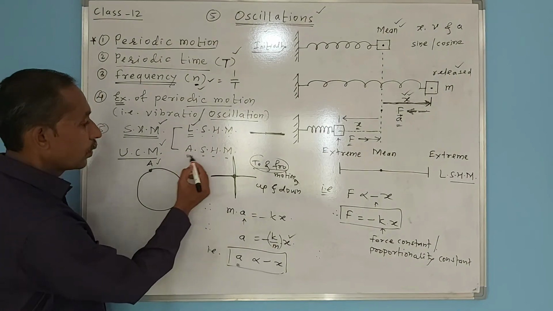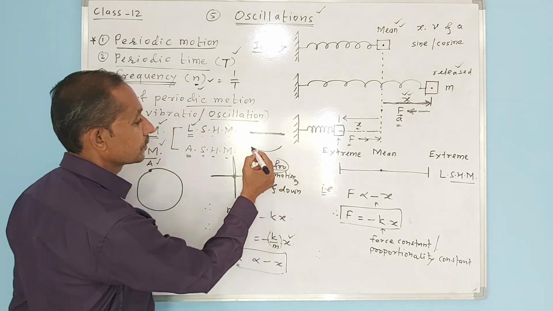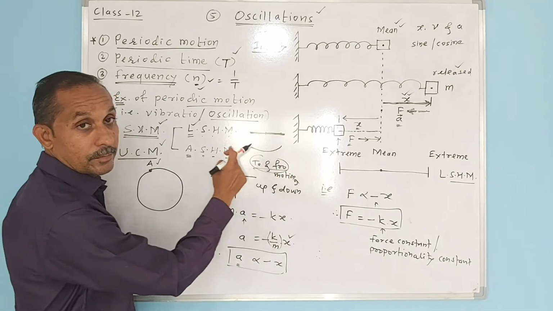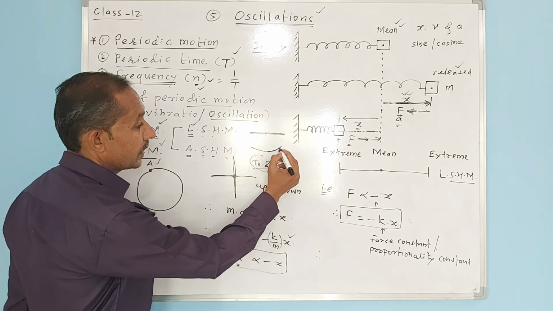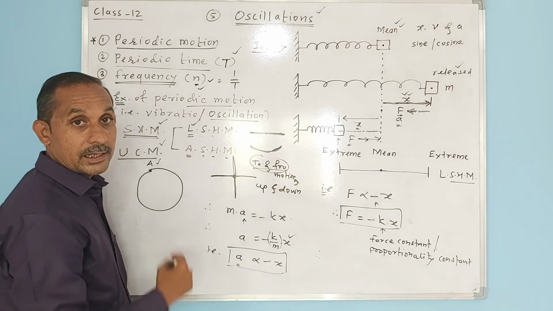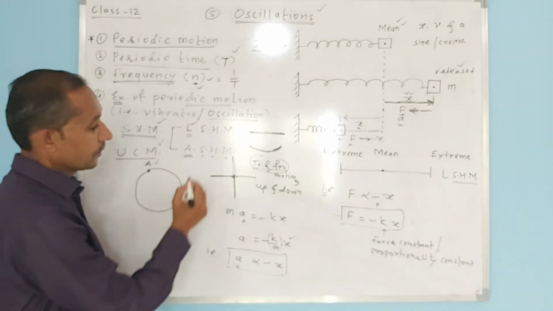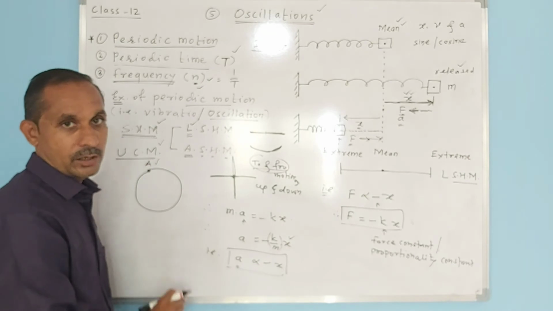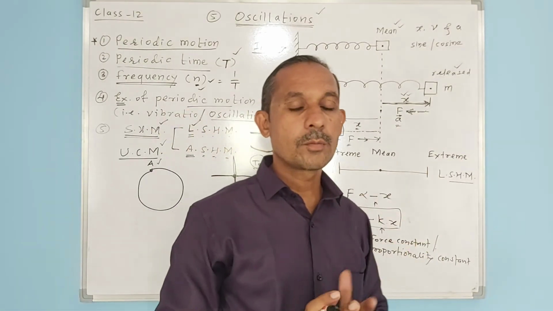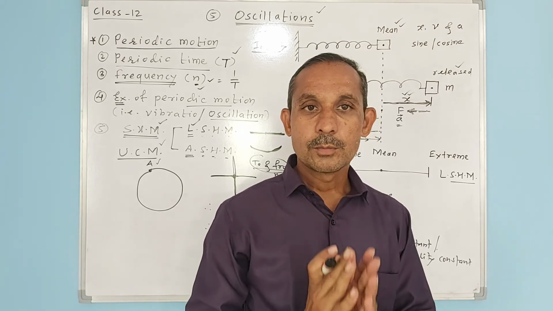Other way, angular simple harmonic motion: when the path is curved and the body is performing oscillatory motion along this curved path, then the simple harmonic motion is called the angular simple harmonic motion. Okay, already this is all about the oscillatory motion and simple harmonic motion.